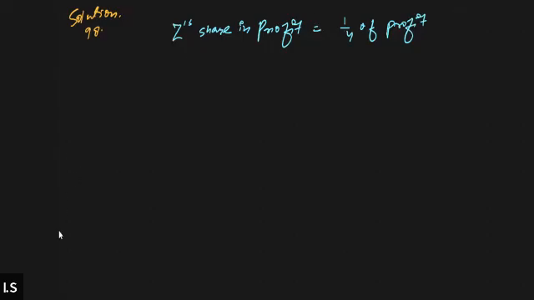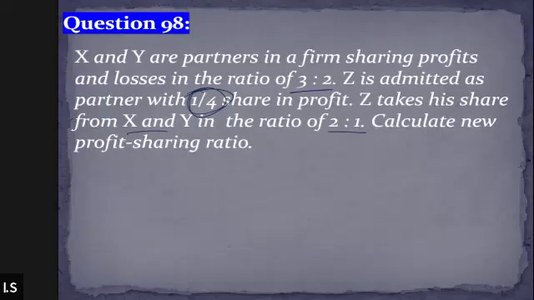But the question also tells us that he will be acquiring his share of profit from X and Y, and in what ratio will he be acquiring this 1/4? He will be acquiring the share from X and Y in the ratio of 2:1. Got it? Z will be acquiring the 1/4 share in the profit from X and Y in the ratio of 2:1.